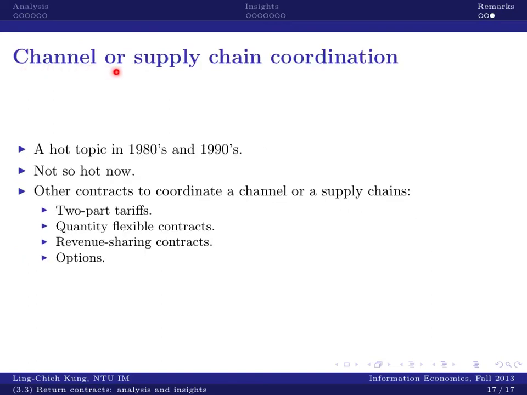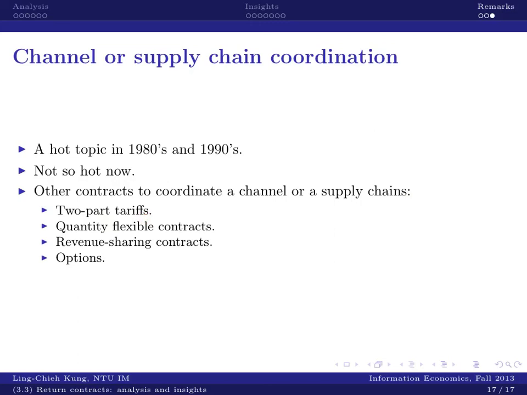Lastly, channel coordination or supply chain coordination. This was a hot topic about 20 to 30 years ago, but actually it is not so hot these days. Anyway, in the past, people have tried to find so many different ways to coordinate a channel or a supply chain. Some keywords I listed here include two-part tariffs.